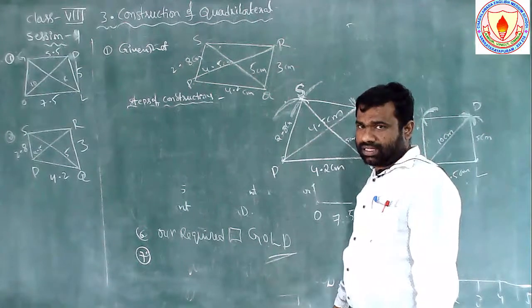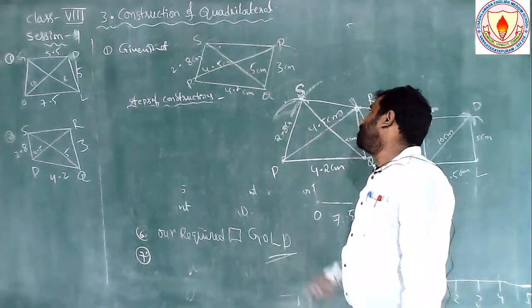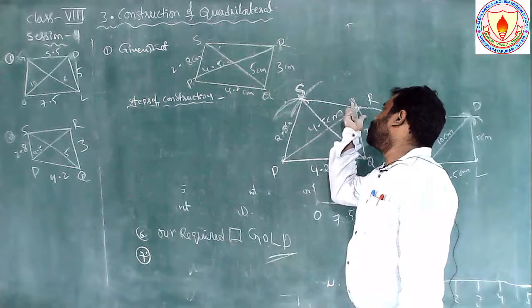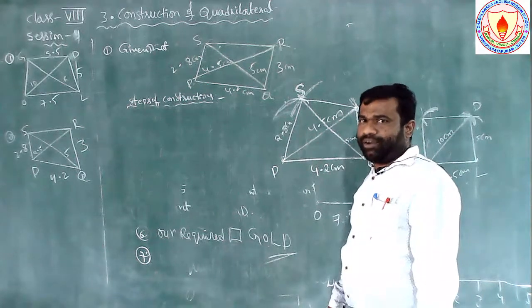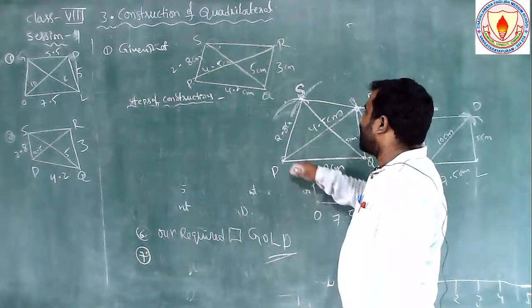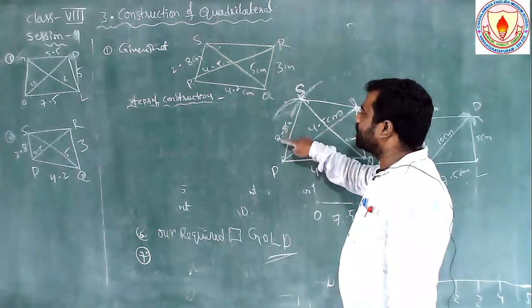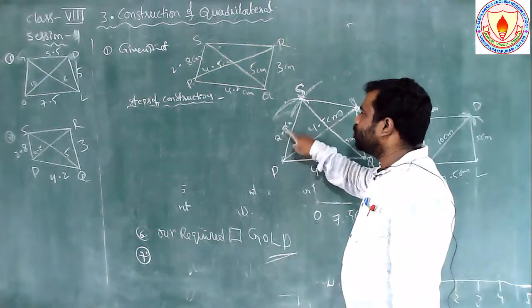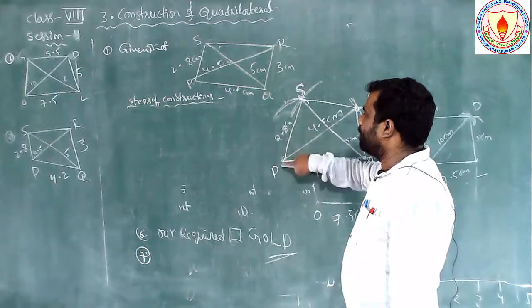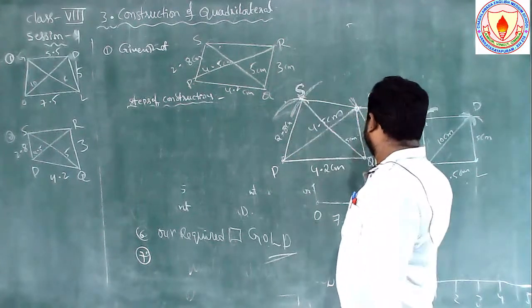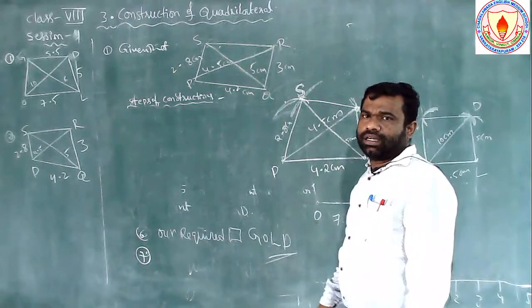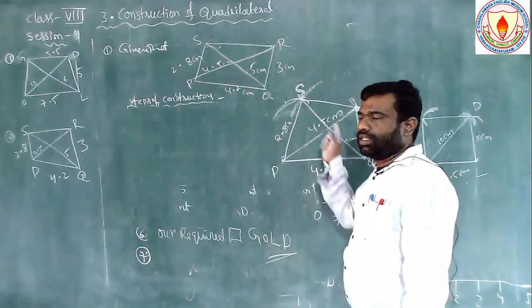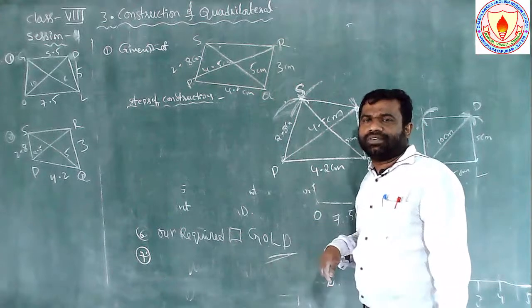Third point, the intersecting point of the two arcs is named R. And fourth point, draw a 2.8 centimeter arc from P and a 5 centimeter arc from Q, meeting at S. That is how you write the steps of construction.